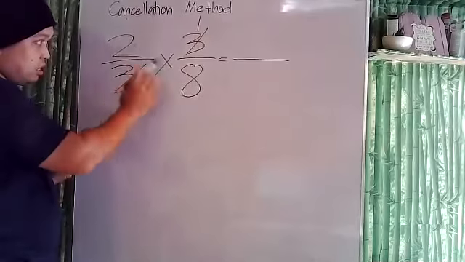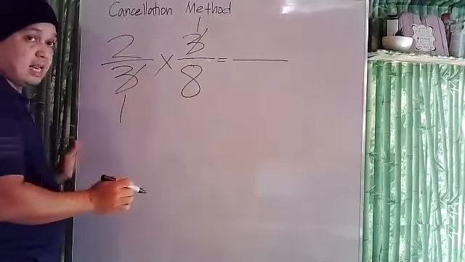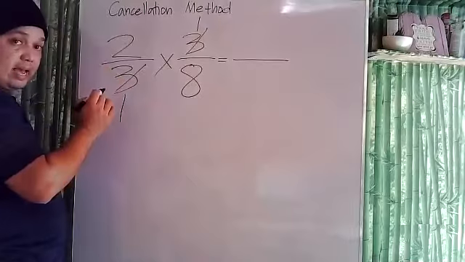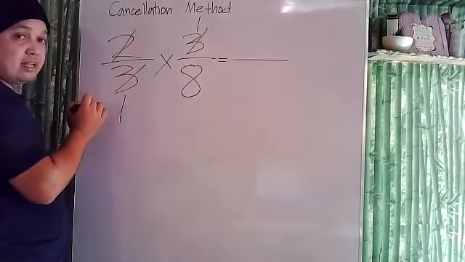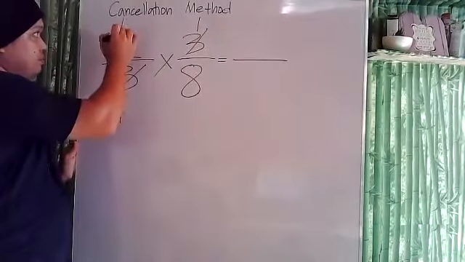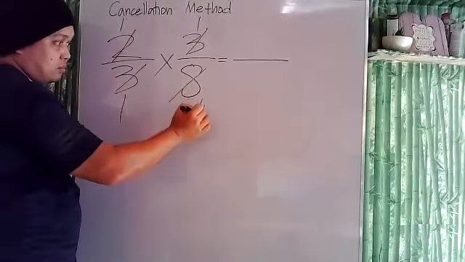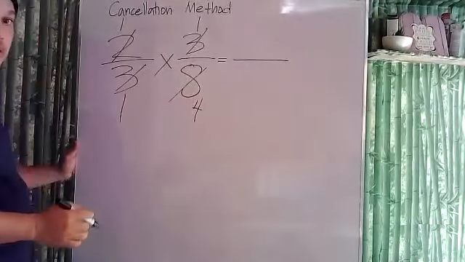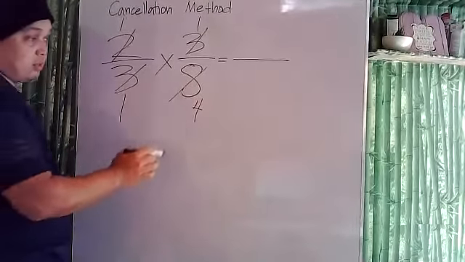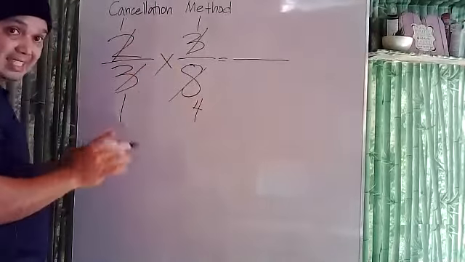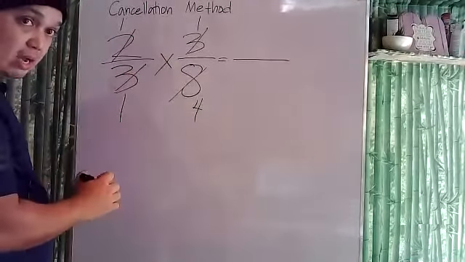From here, let's cancel the others. You can divide both by 2. 2 divided by 2 is 1, and 8 divided by 2 is 4. So 8 here is no longer 8 but 4, while 2 here is no longer 2 but 1, because we have cancelled. Let's multiply now.